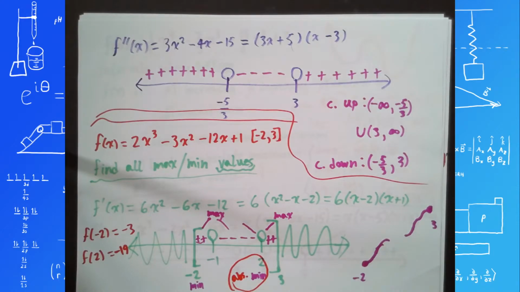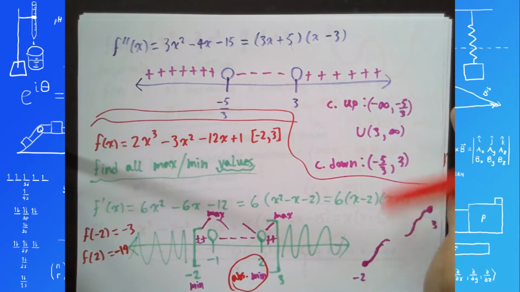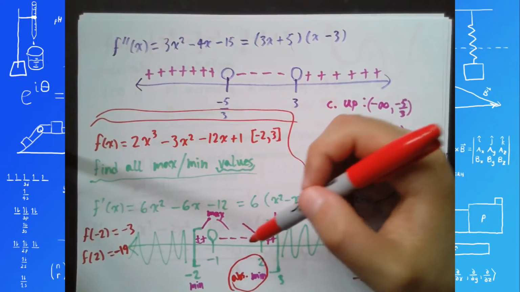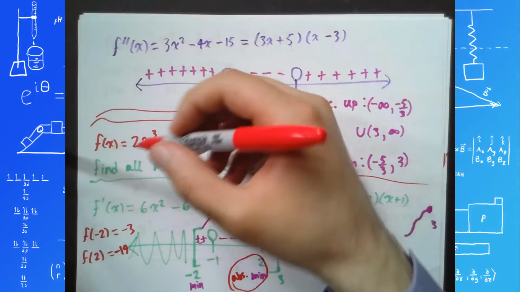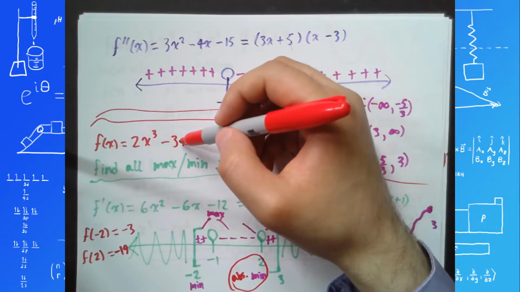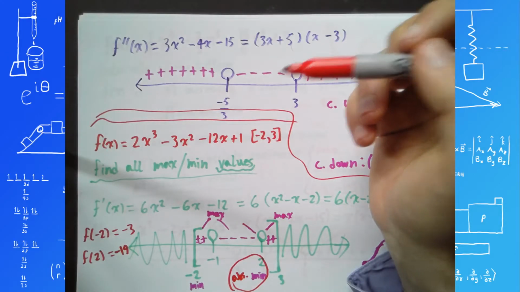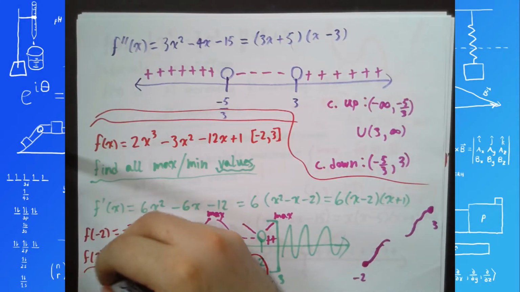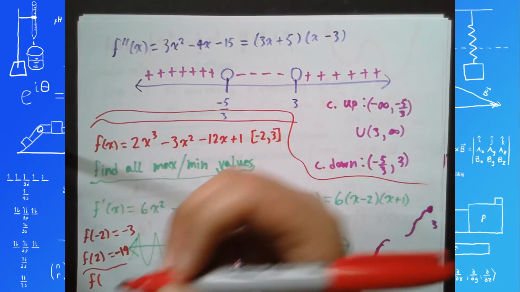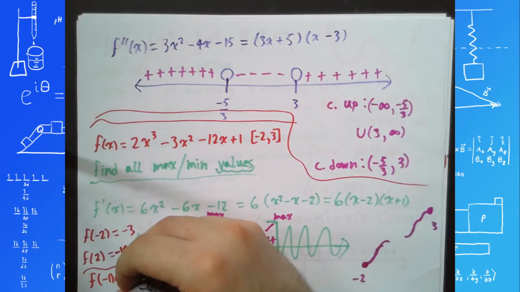Okay, so the lowest low is at 2 comma negative 19, unless I made some sort of mistake calculating that. For the absolute maximum, try negative 1 versus 3. With negative 1, we've got negative 2 minus 3 is negative 5, plus 12 is 7, plus 1 is 8. So f of negative 1 is, what was it again? It was 8.